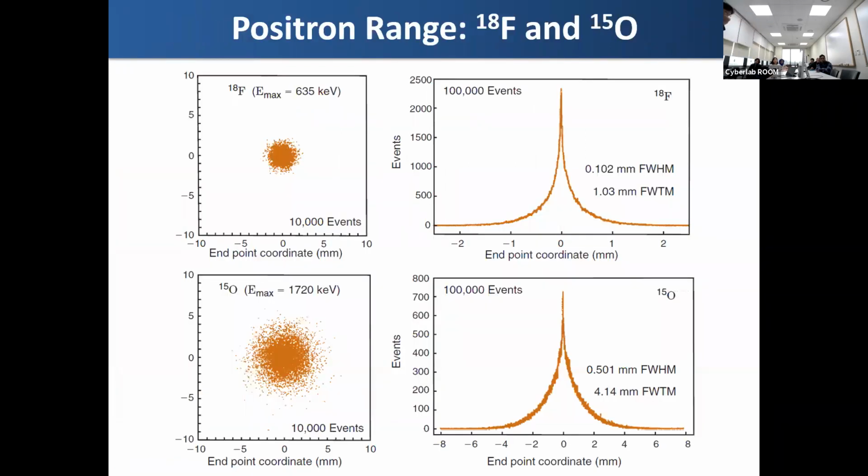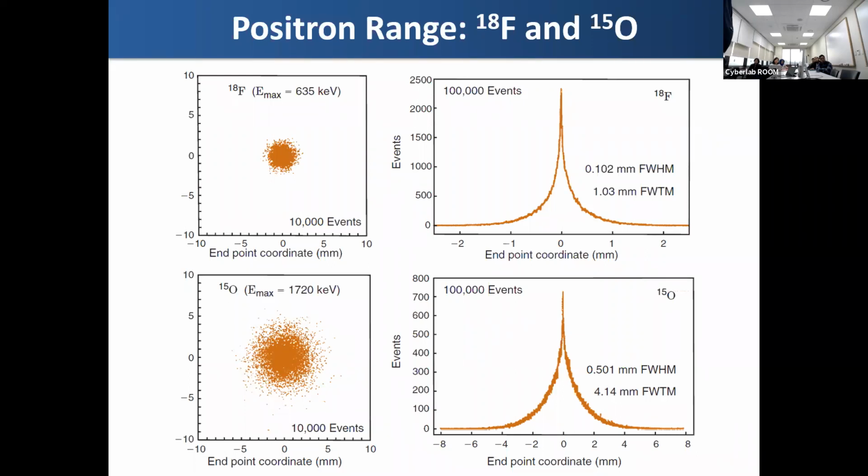So this is the example, this distribution. The positron was emitted at the center of each point, and the orange dots mean where the positron annihilated with the electron to generate the emission.